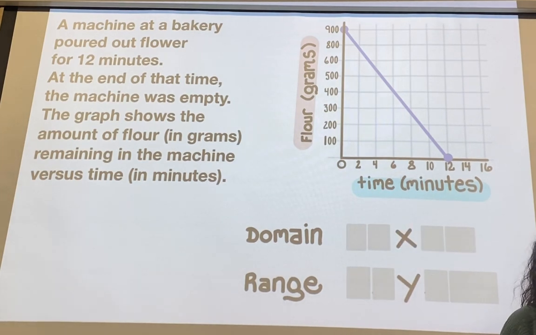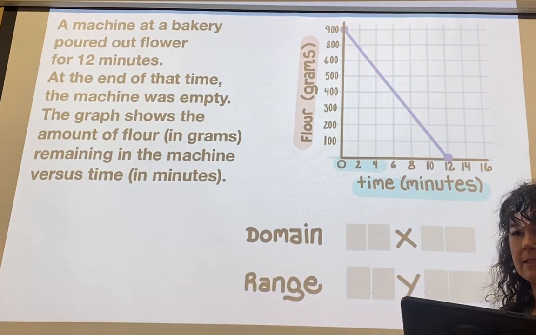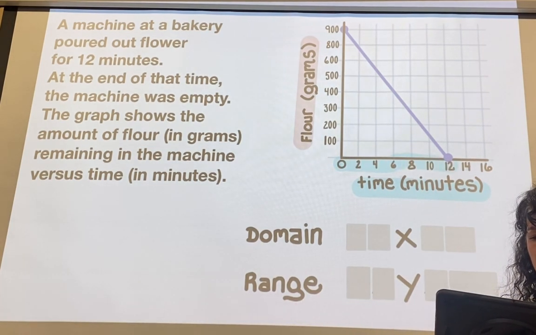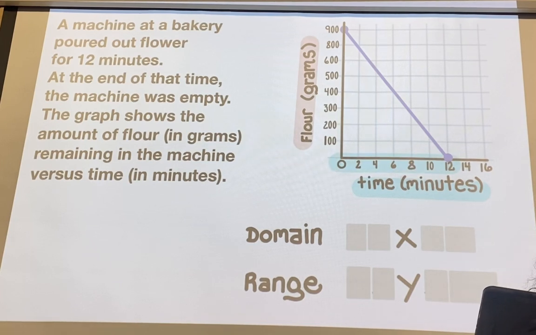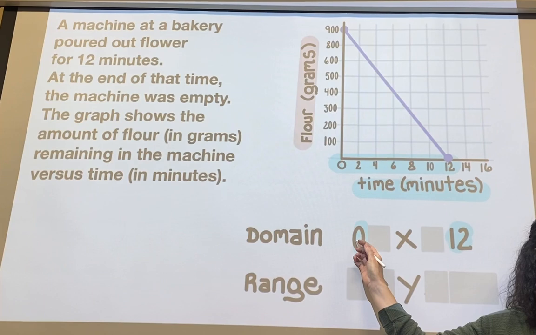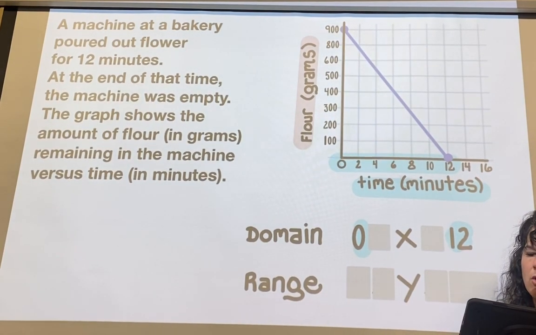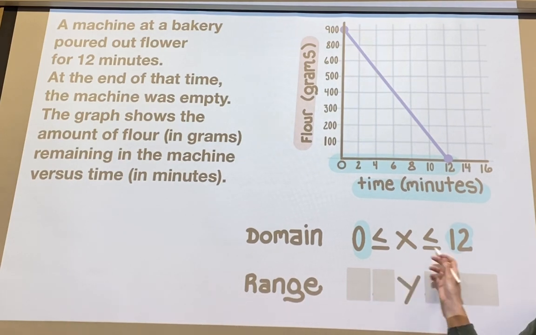What's the smallest amount of time in this one? Good, 0. And then when am I gonna stop? 12. So my X's are gonna be between 0 and 12. And then Pac-Mans are coming along here. 0 is the smallest one, X is bigger, 12 is bigger. So we're eating bigger, bigger, bigger, or equal to. So we've got our inequalities in there.